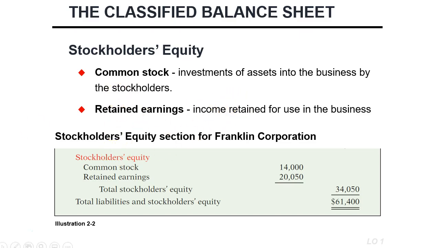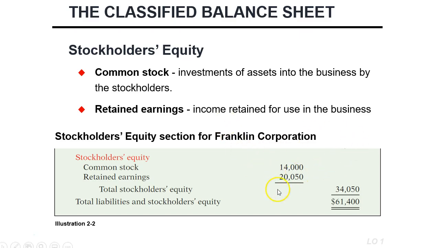So the common stock section shows the amount of money we have received from the investment in the stock of our business. And then retained earnings shows that portion of the income or our profit that has been retained for use in the business and not paid out to the stockholders in the form of dividends.